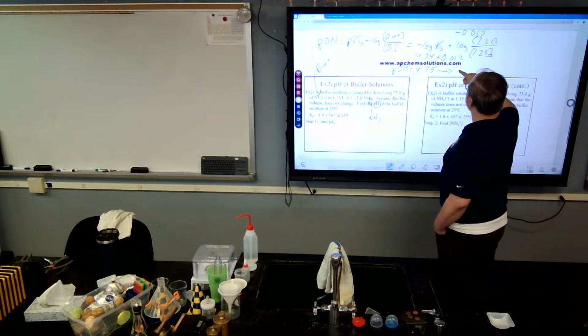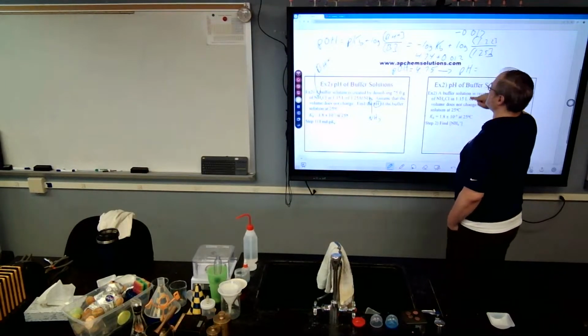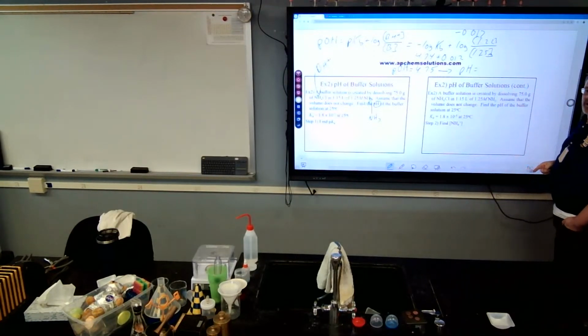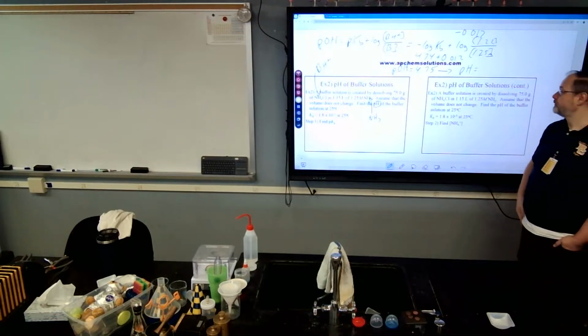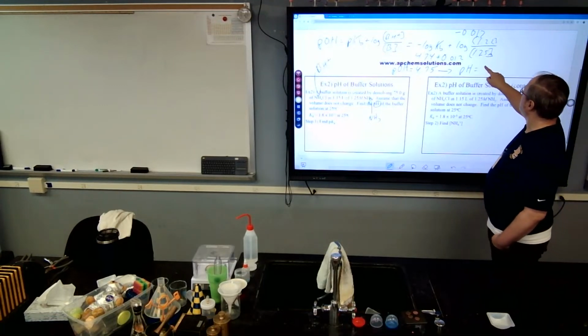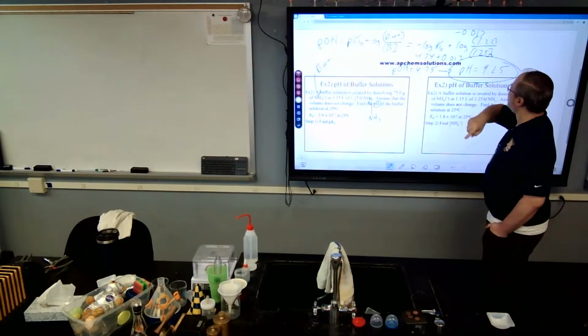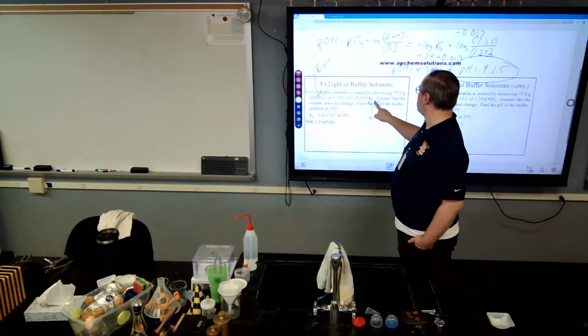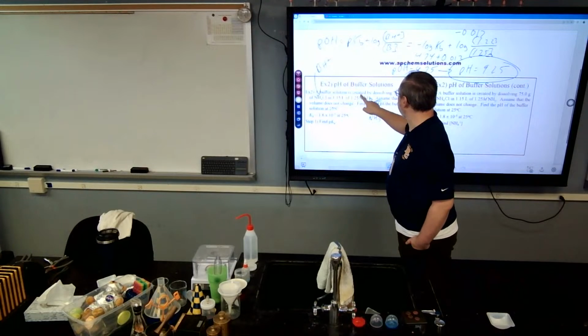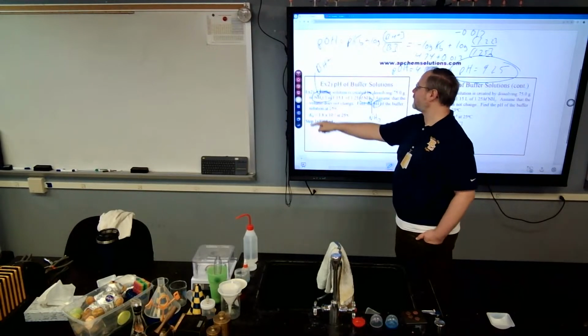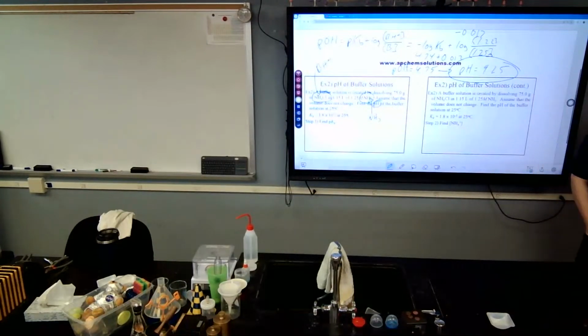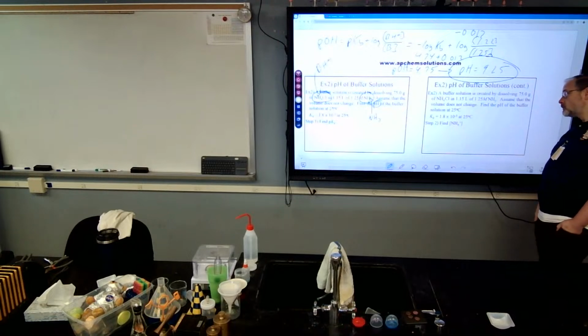So if that's the pOH, what's the pH? 9.25, which makes sense because we are buffering a weak base with its conjugate acid. So the pH should be in the basic range.